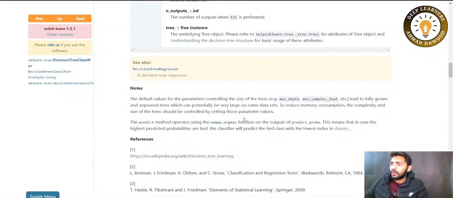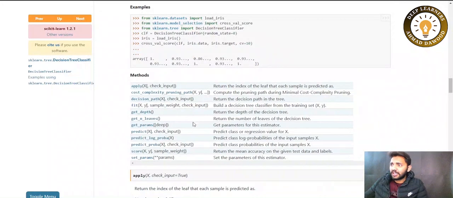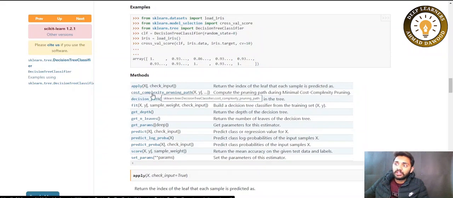There are also some methods here, like the apply method. This apply method can tell you which leaf node has predicted that particular sample. Cost complexity pruning path is associated with post pruning, so we will discuss it in the post pruning lecture.